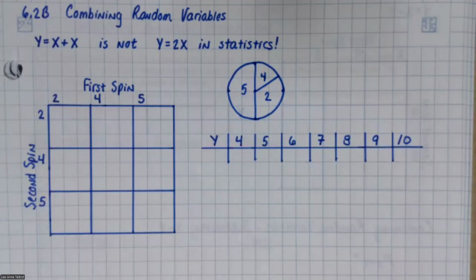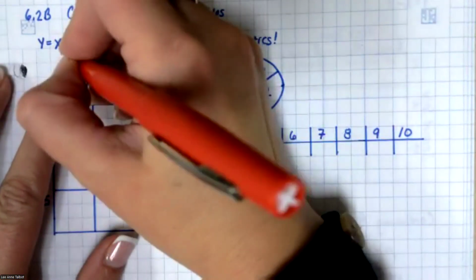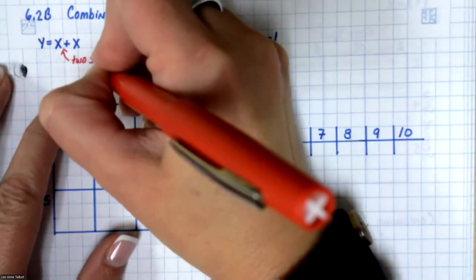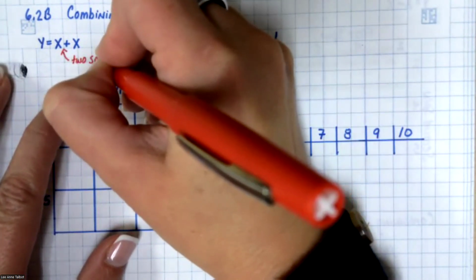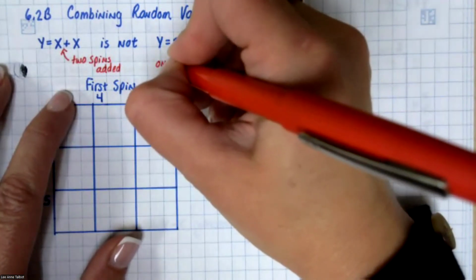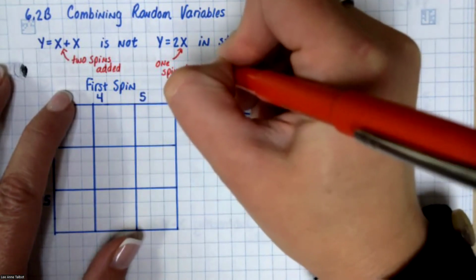So this is 2 spins added versus 1 spin doubled. So 2 spins added. 1 spin doubled.